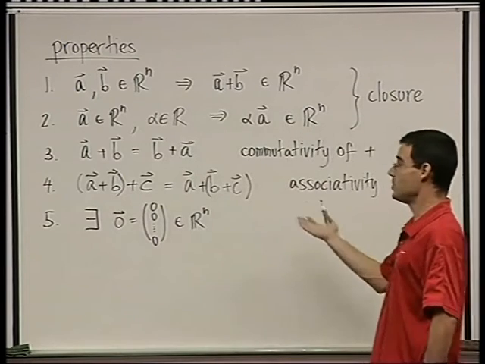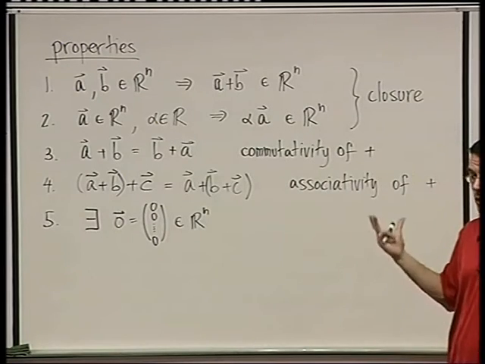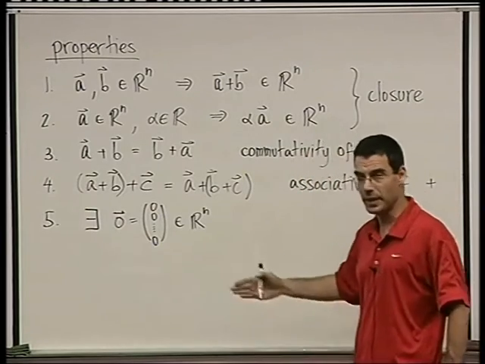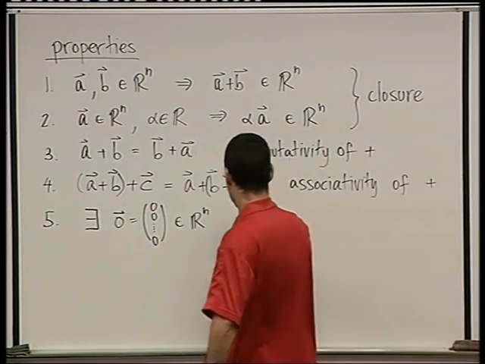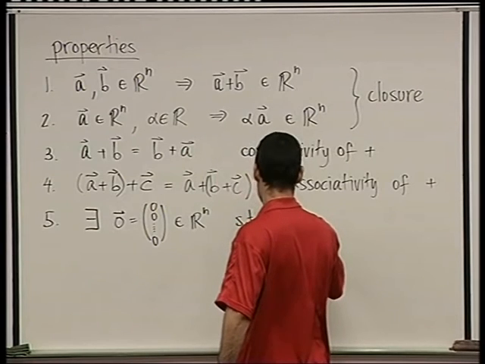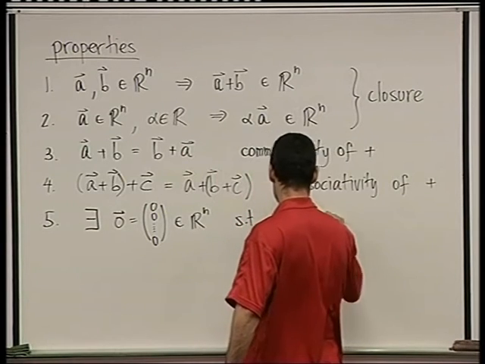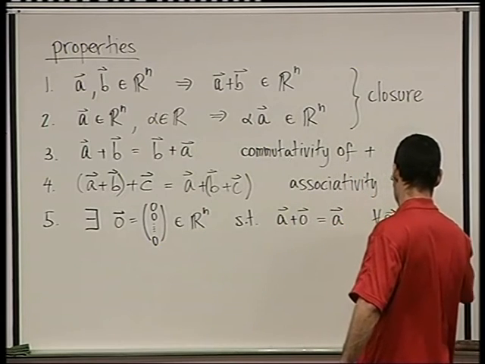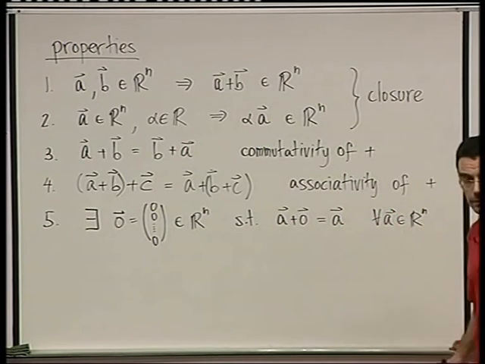And what does this 0 do? What is its special feature? That when you add something with a 0 vector, you get back the same thing. So such that a plus 0 equals a for every a in Rn. Do you agree? Okay.